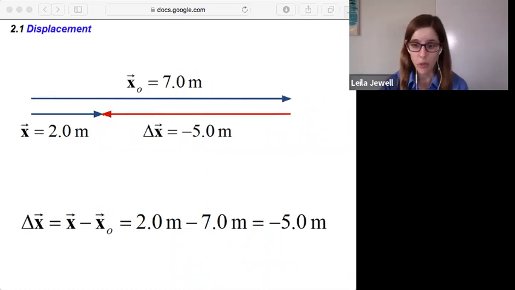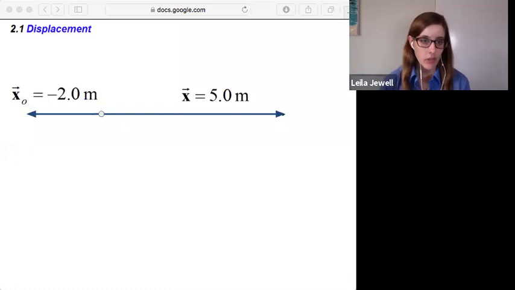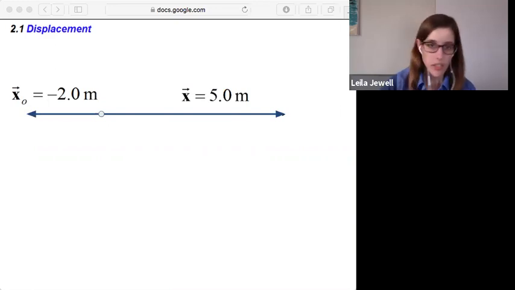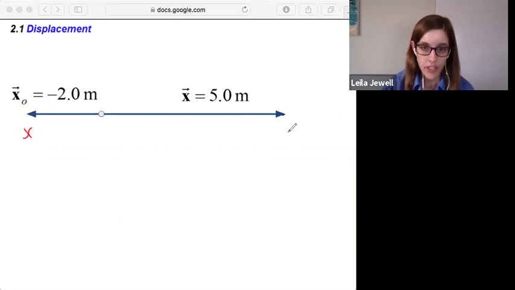All right, one more example. What if we start out at negative 2 meters and we end up at positive 5 meters? What then is our net displacement? We can take a look at this visually: we start out here and we have to finish all the way over here at positive 5.